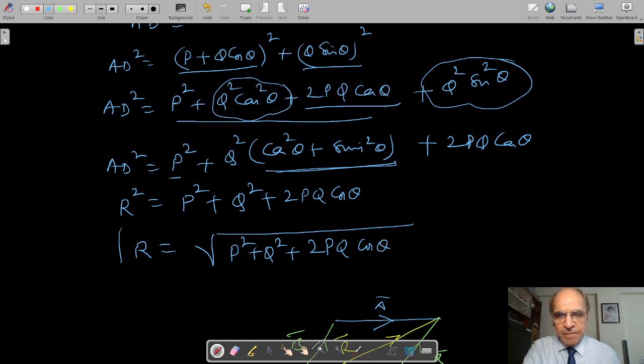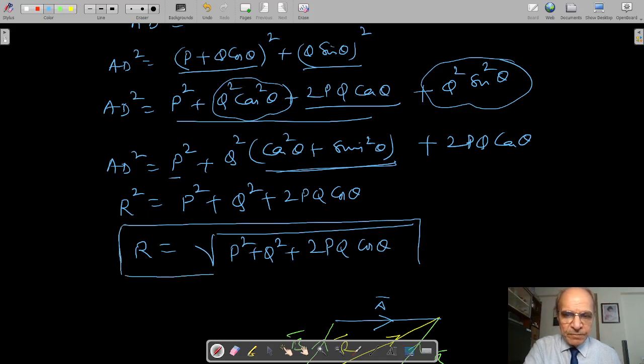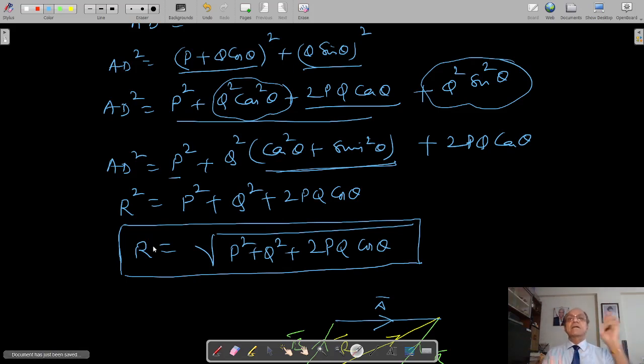This is the formula to calculate the magnitude of the resultant of two vectors P and Q. Vector P is known to us, vector Q is known to us, and the angle between them, theta, is known to us. If this information is available, we can very well calculate the magnitude of the resultant R. R is in this direction. This is the magnitude of R.